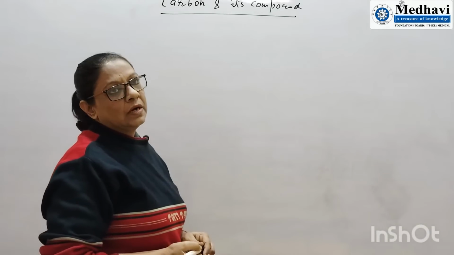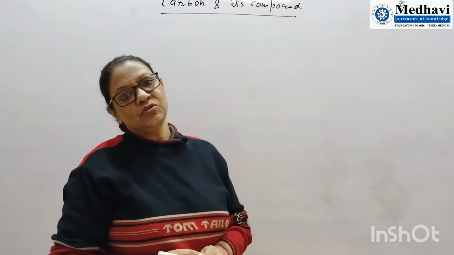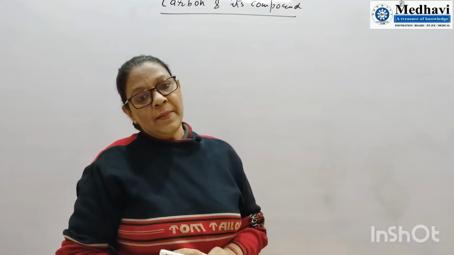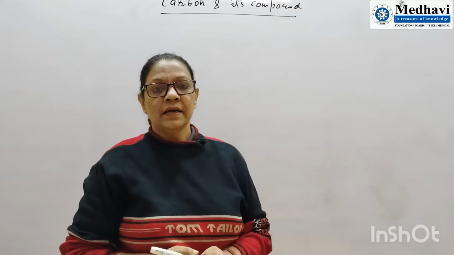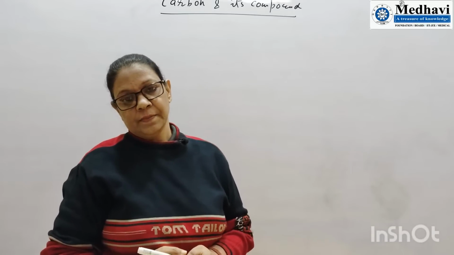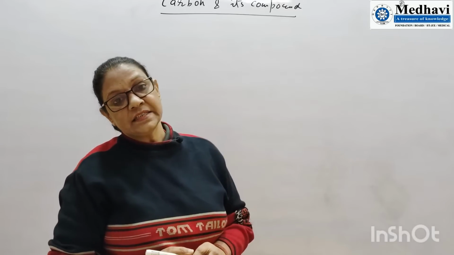In this video, or in this chapter, we need to explain the elemental form of carbon as well as its combined form. Carbon is present in its elemental as well as its combined form.